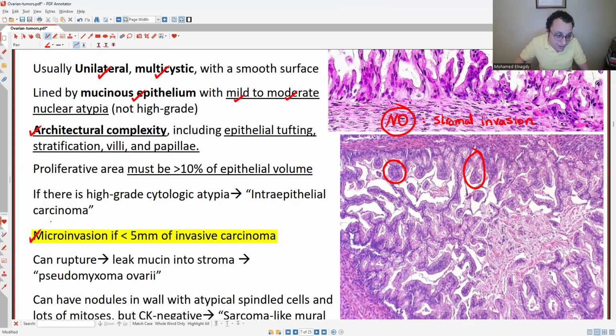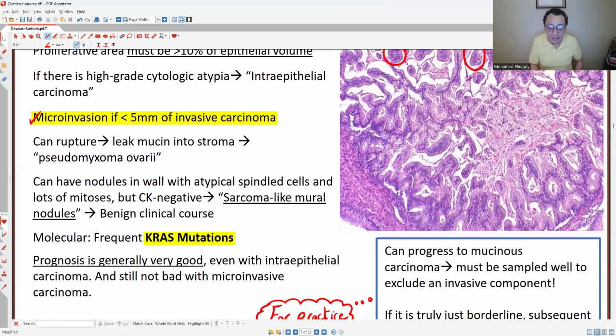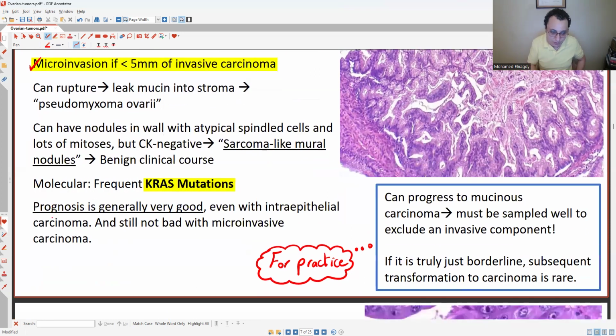You might have some microinvasion if it's less than 0.5 centimeter of invasive carcinoma. They always consider this the same as borderline mucinous tumor. They don't consider it as invasive mucinous cystadenocarcinoma. And it also shows only KRAS mutation, no BRAF.